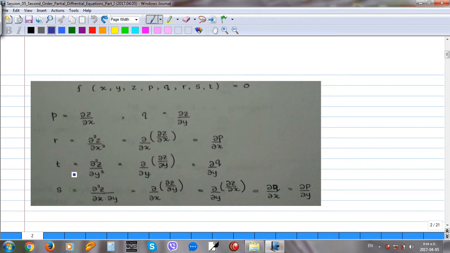Then T also equals ∂q over ∂y, and S equals ∂²z over ∂x∂y. It means ∂ over ∂x times ∂z over ∂y, and ∂z over ∂y means Q. So you can write ∂q over ∂x, or you can write it in this form: ∂ over ∂y times ∂z over ∂x, and ∂z over ∂x means P, so that also equals ∂p over ∂y.